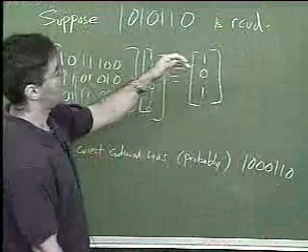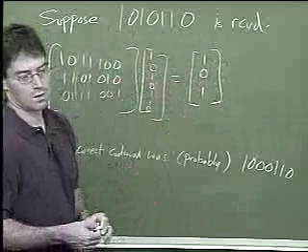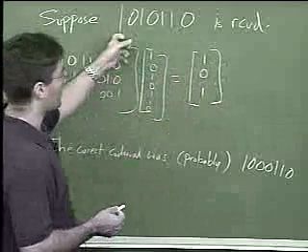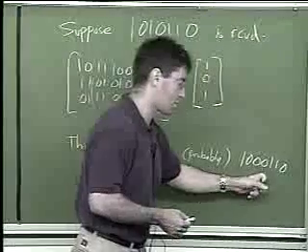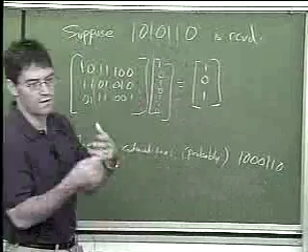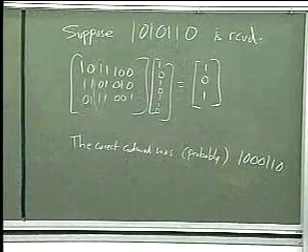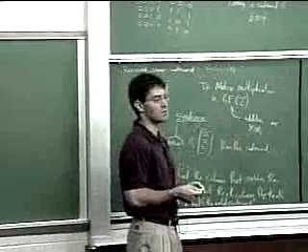Suppose I'm the receiver and the sender sends me this. I can quickly do a check and see it's not the correct code word. Why is this most likely the correct code word? Because it's the valid code word that's the minimum Hamming distance from the code word I received.